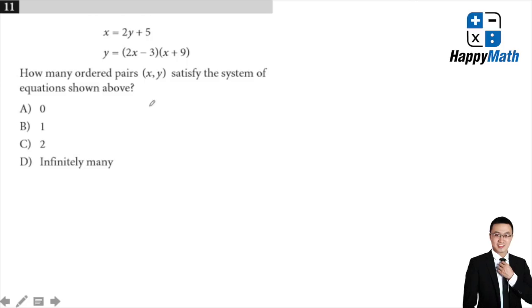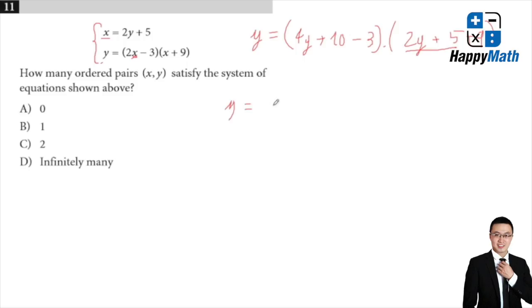Question 11. How many ordered pairs x and y satisfy the system of equations above? Let's solve this one; we have a system of simultaneous equations. So you have x in here. I will substitute x into here. I mean 2 times x, it means 2 times 2y plus 5, 4y plus 10 minus 3, and 2y plus 5 plus 9, because here is x.